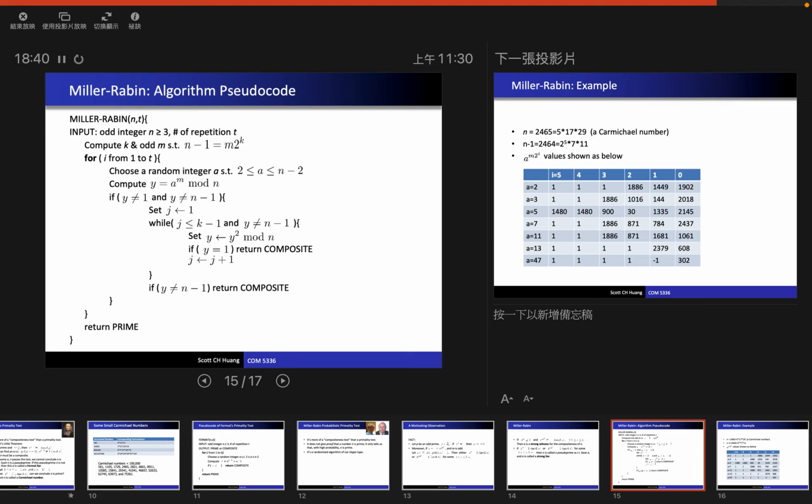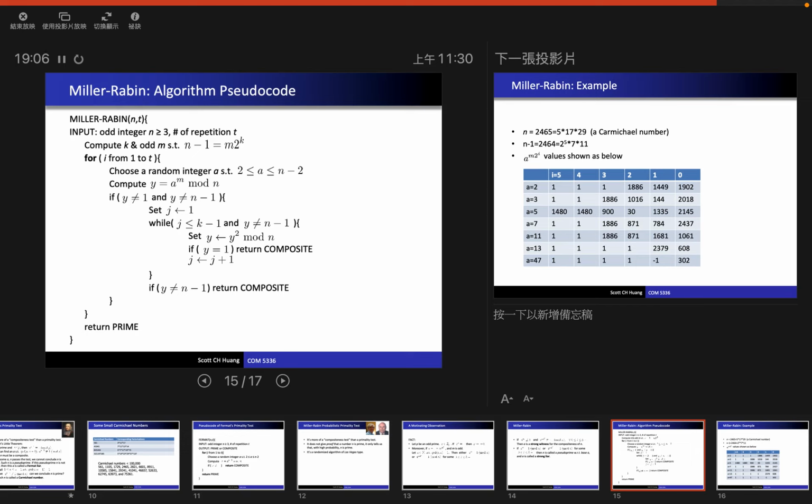Oh, by the way, this n minus 1 is actually -1, because when we do mod n, this is -1. So this condition actually means y is not equal to +-1, because of mod n.